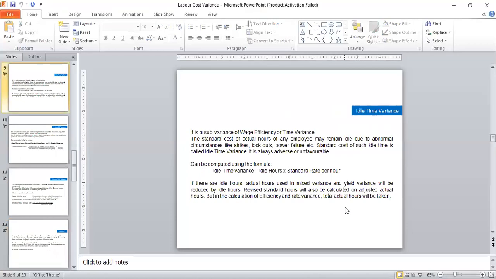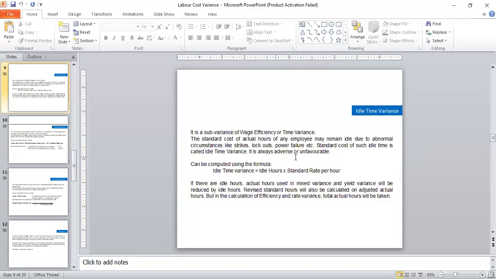Now we are going to calculate the idle time variance. It is a subvariance of wage efficiency or time variance. The standard cost of actual hours for which employees may remain idle due to abnormal circumstances like strike, lockouts, power failures, etc. Standard cost of such idle time is called idle time variance.